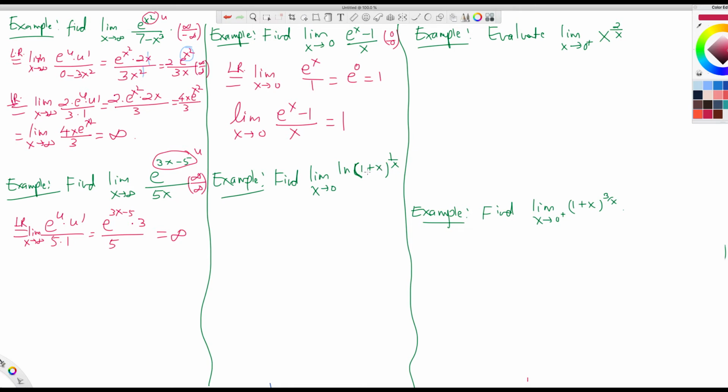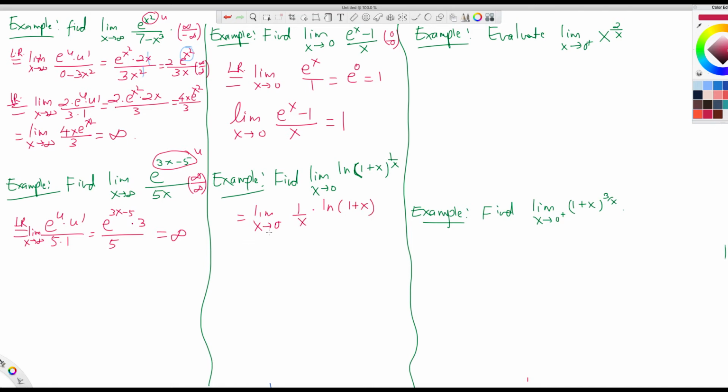So let me simplify a little bit and then I will plug in those values. This equals the limit as x tends to 0, where you can move that to 1 over x times natural log of 1 plus x. You can write it that way.